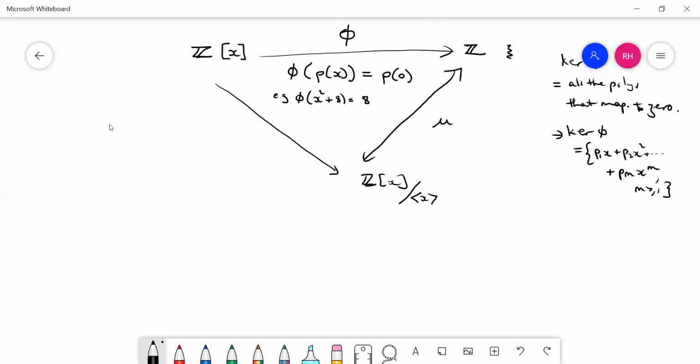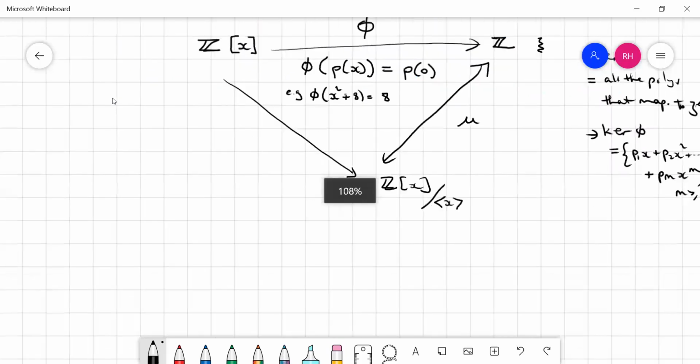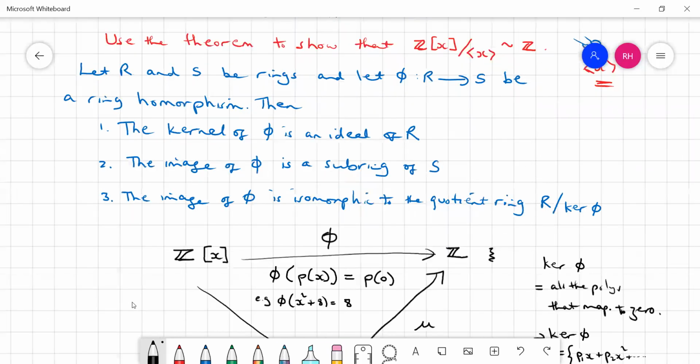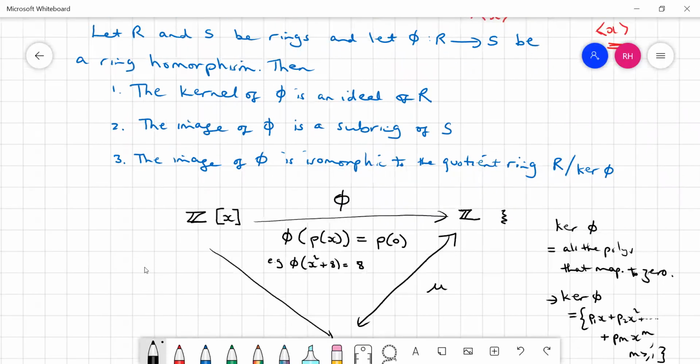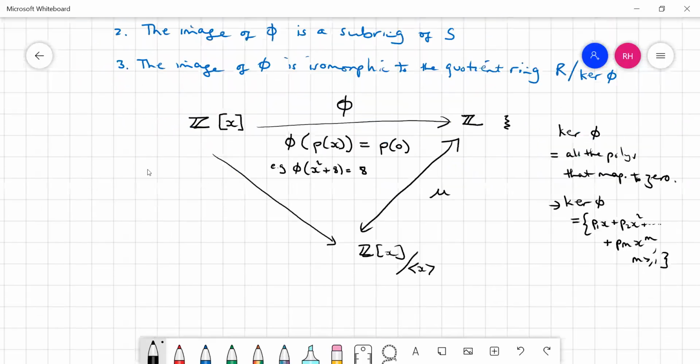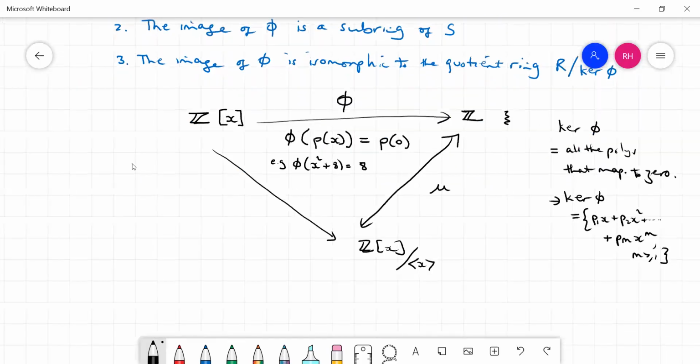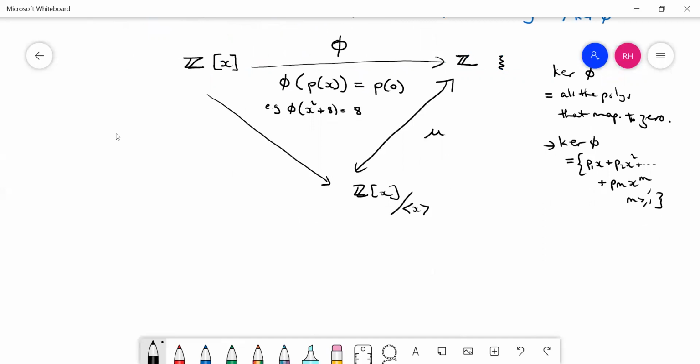So I suppose if you're going to go back here, the important things are that R and S are rings, which they need to be for this. Phi is a ring homomorphism, as I've sketched it.